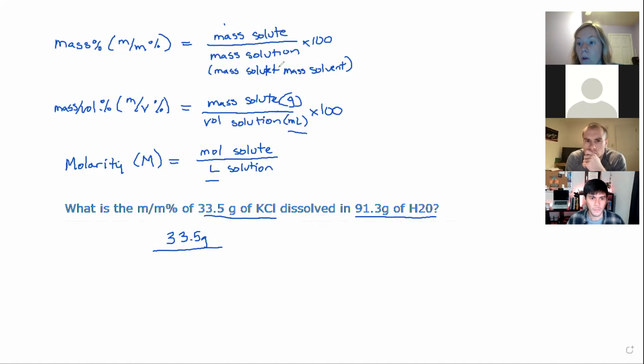We have to talk about the whole solution, and part of the mass of that solution is going to be the KCl. So we actually need to take the 33.5 grams and add it to the 91.3 grams. I see that as a silly little mistake that happens quite often. So just make sure, do you need just the solvent or do you need the solution as a whole?